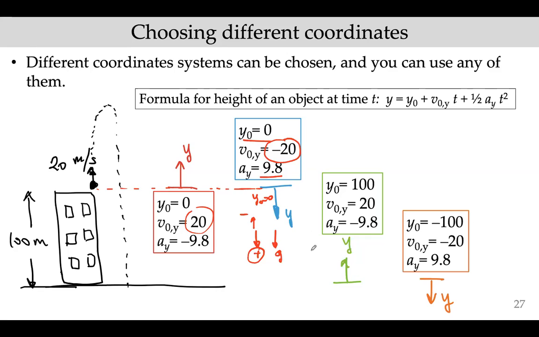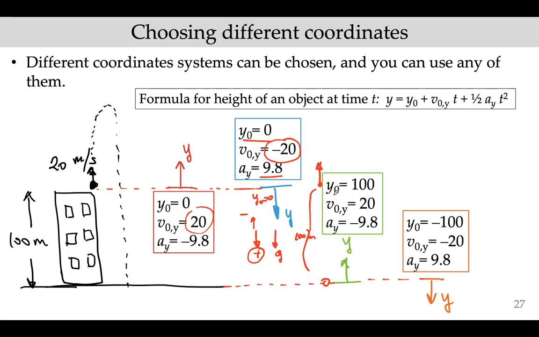Okay, now let's put the coordinate system on the ground. If the coordinate system is on the ground, what is the initial position? Well, if this point is 0, up is positive, so the ball is actually here. Initial position of the ball is here, and this distance is 100 meters.